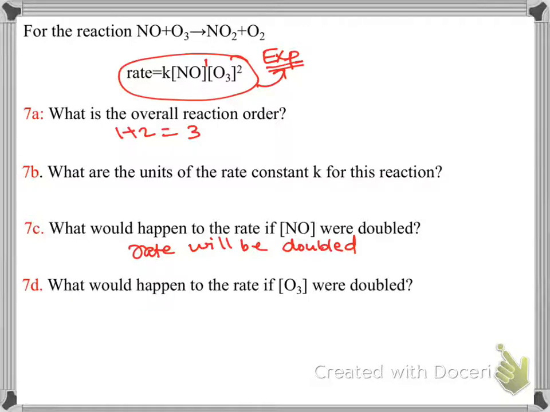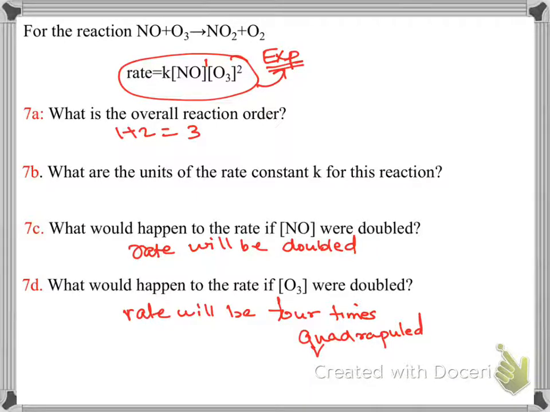It is second order with respect to O3. So that means if you double the concentration of ozone, the rate will quadruple, it will be 4 times.